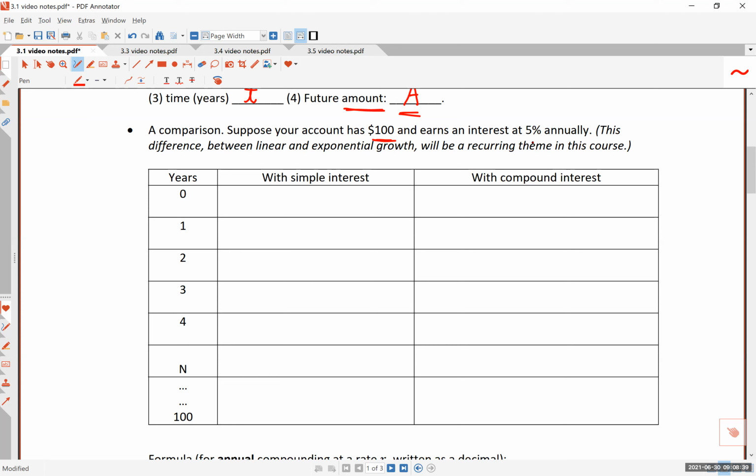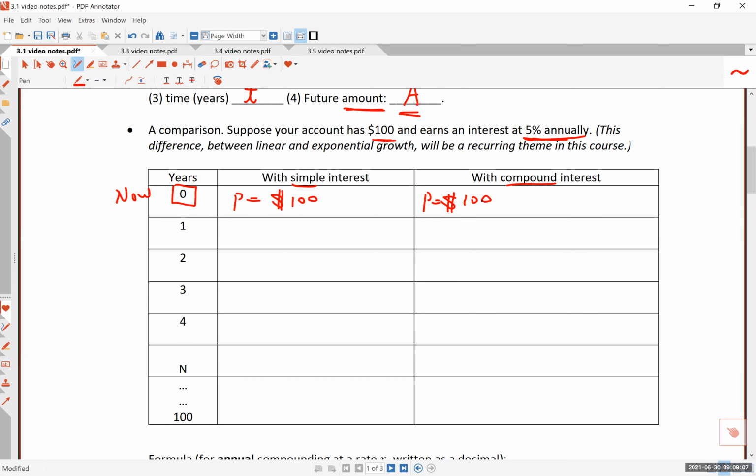One grows, well, and by the way, both we assume 5% annually, but one is with simple interest of 5%, and the other is 5% compound interest. Okay, now year 0, what is that? That's now. This is the time you deposit your $100. So of course you'll have $100 in both of these.